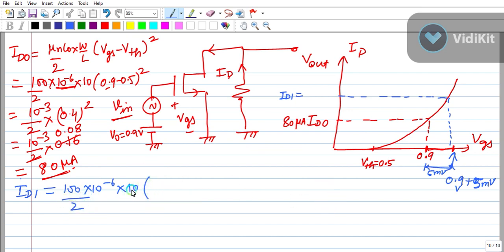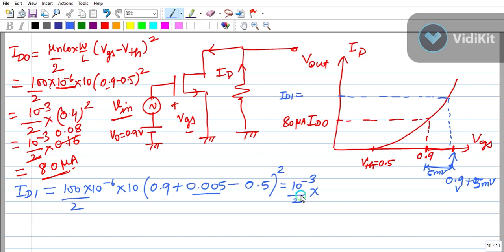VGS is 0.9 plus 5 millivolt, means plus 0.005, and minus VTH is 0.5 volt, and the square of the whole will be equal to 10 to the power minus 3 divided by 2 into what?